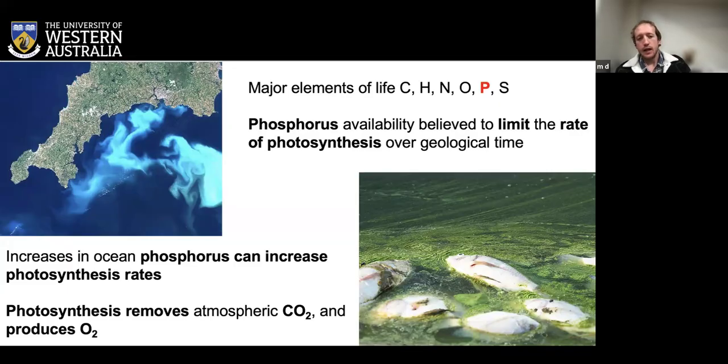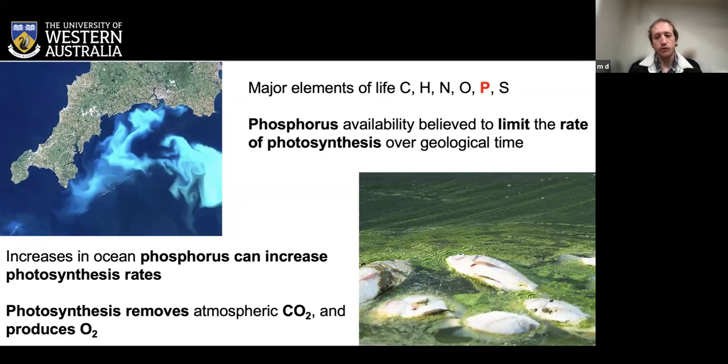So, based on that, if we have a hypothetical event that puts a load of phosphorus into our oceans, we can potentially get a bloom of photosynthesis, like this picture in the top left here, which is a bloom of algae off the southwest coast of England. But while phosphorus can be a beneficial nutrient for life, it also has adverse effects.